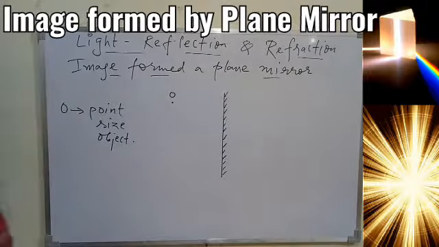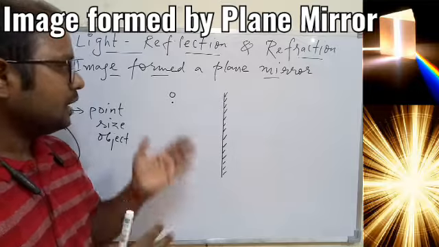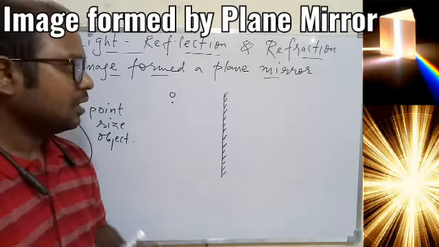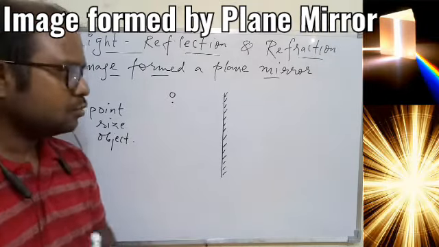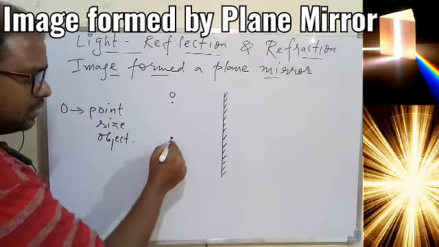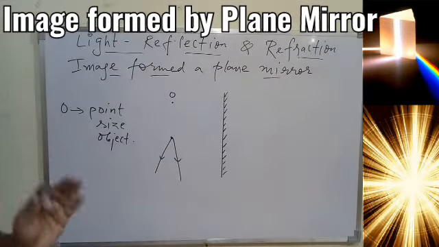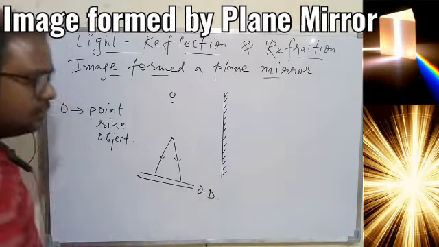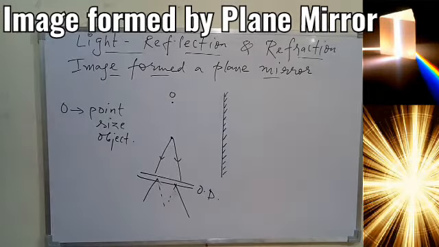Before we start, one thing we should know, that whenever we talk about image formation, the image can be formed only if the light coming from the object converges at a point, or if it seems to converge. We'll understand properly once we get a proper diagram. One thing we have to remember is that from any object we have to take at least two rays of light, minimum two, and then we'll see with the help of some optical device that the rays may converge, the rays may diverge, both things are possible.